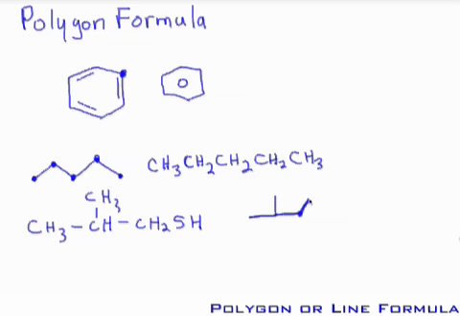So clearly, in line formulas, you must put what are called heteroatoms. Heteroatoms are any other atom other than carbon. And then you also add any H's off the heteroatom. So there you go. Now you could draw it this way, or you could draw it this way. Or you could draw it this way. Okay, so this is SH.